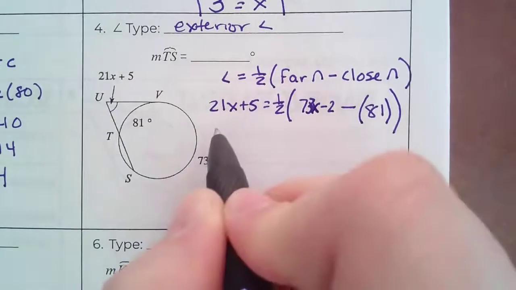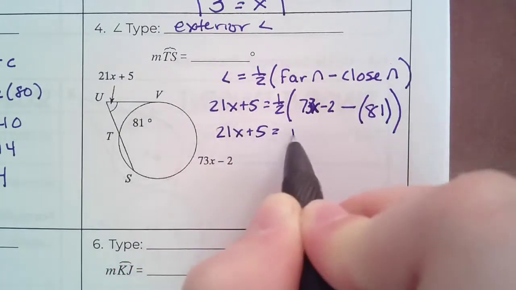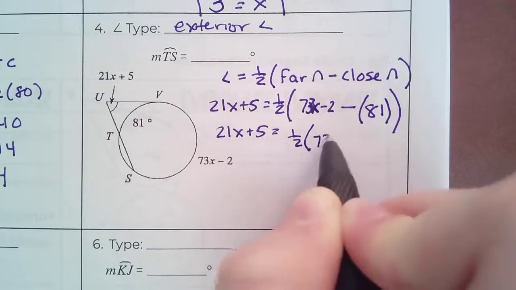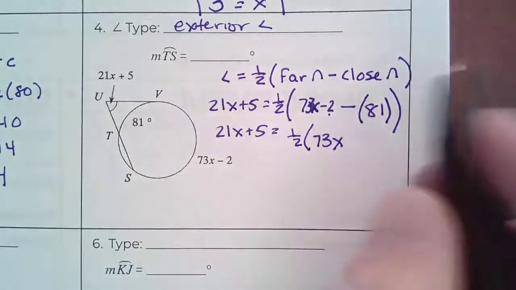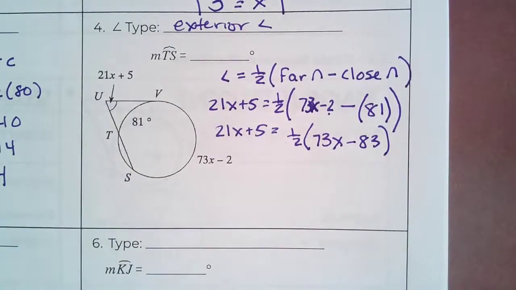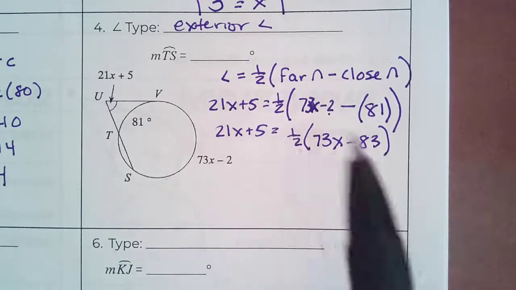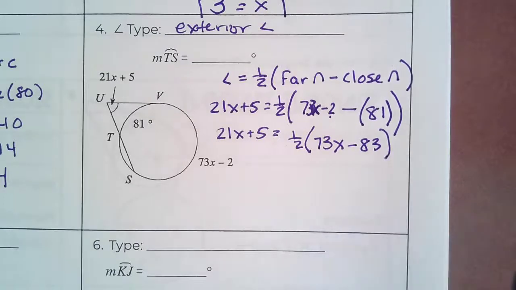So let's start to simplify. 21x plus 5 equals 1/2 times 73x. -2 minus 81 is -83. Two options here. I see right now that if I multiply these by 1/2, I'm going to get decimals.